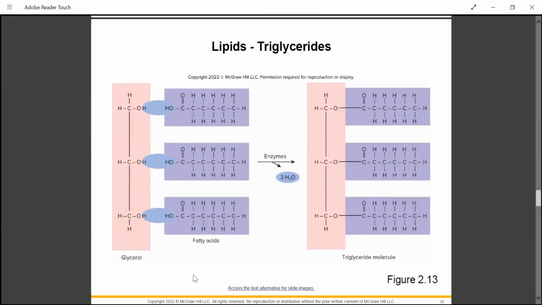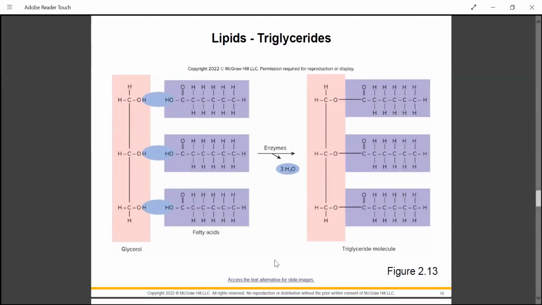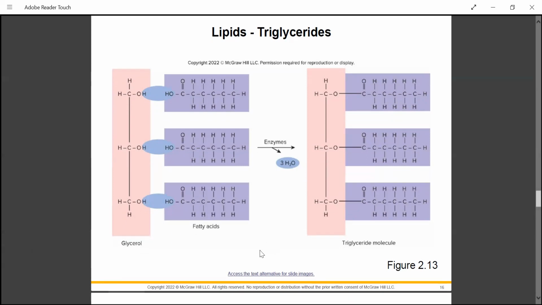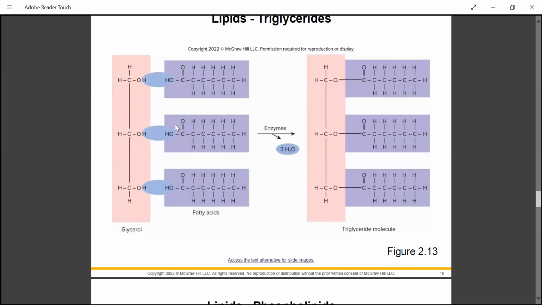This just shows a little bit of an example of our actual triglyceride structure. So we have a glycerol molecule here. Don't get too caught up in this slide, just to have an example, with 3 different fatty acids. And then this shows we have some enzymes that come into play to convert this glycerol and fatty acid molecule.